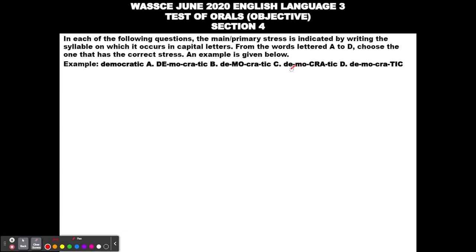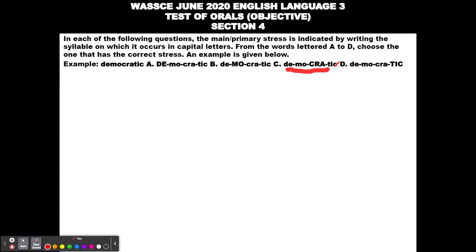Of course, there is a rule. When you look at polysyllabic words, you place stress on them based on the rule that polysyllabic words that end in IC, ION, AL, and so on and so forth have their stress on the second syllable from the end of the word.